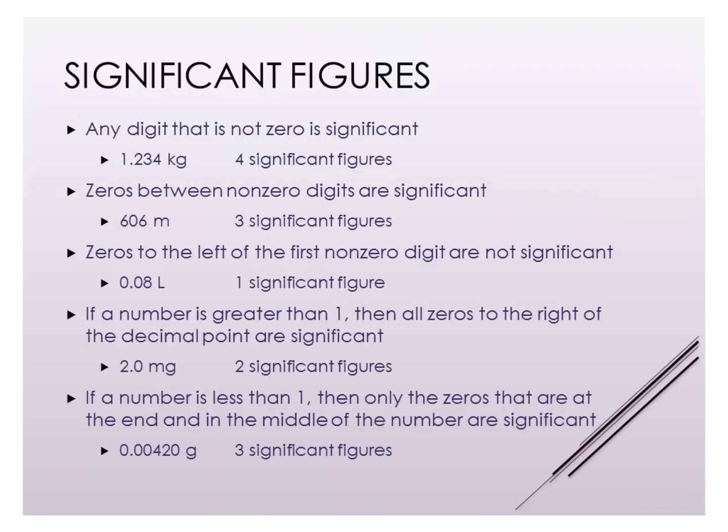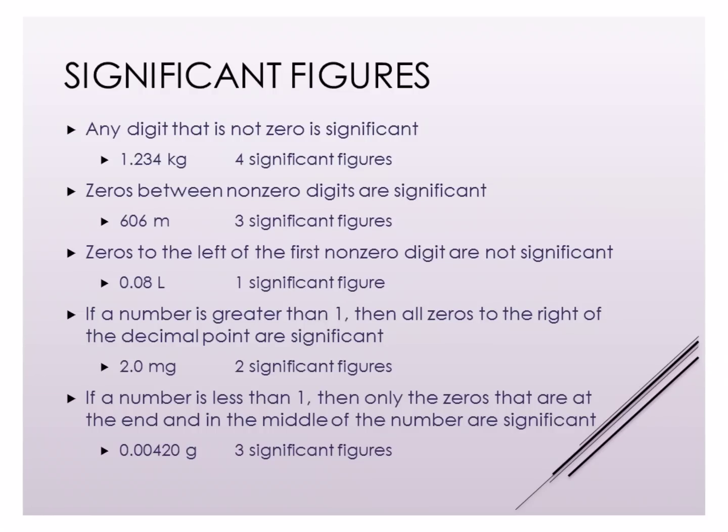If a number is greater than 1, then all zeros to the right of the decimal point are significant. So here we have 2.0 milligram. We have a number greater than 1. 2 is definitely significant because it's not 0, but this 0 is also significant. And what we're looking at here is the fact that when I make this measurement, we always estimate that that last digit is an estimated value between two markings.